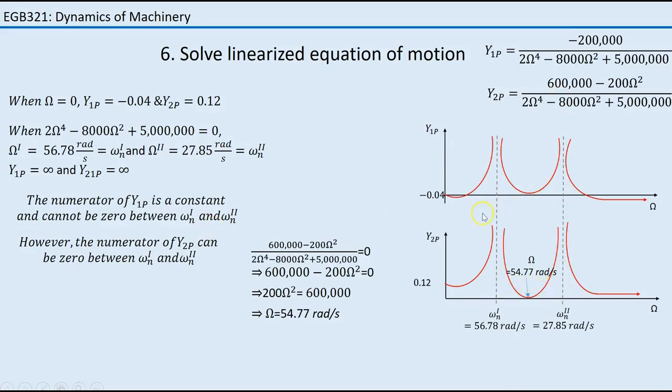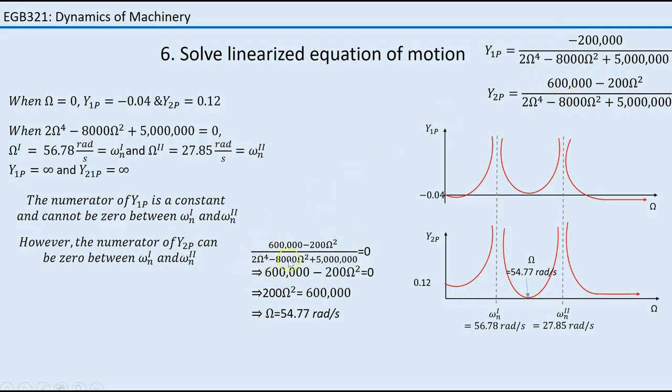Now you can say from these two expressions that the y1p numerator is only a constant, so it cannot be 0. However, the y2p numerator has an expression which can be 0. Let's consider this is 0.